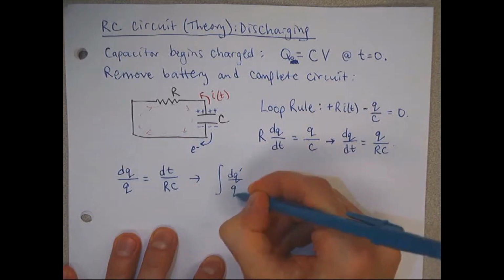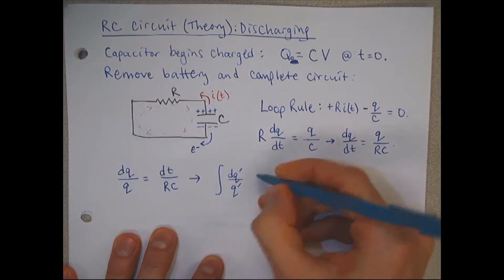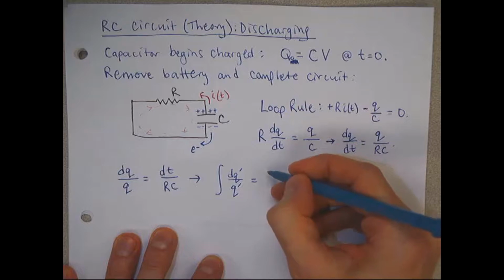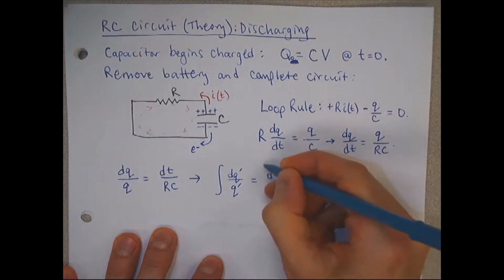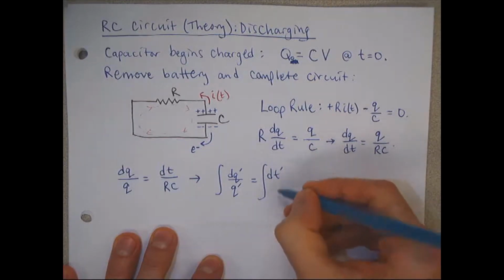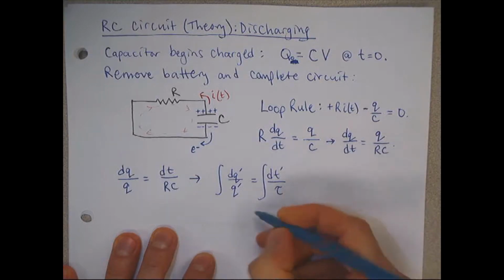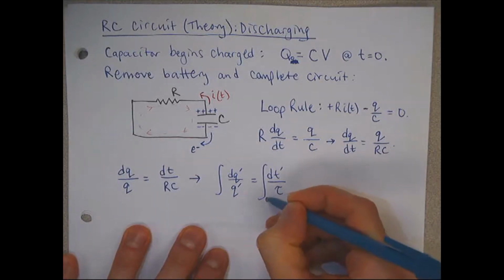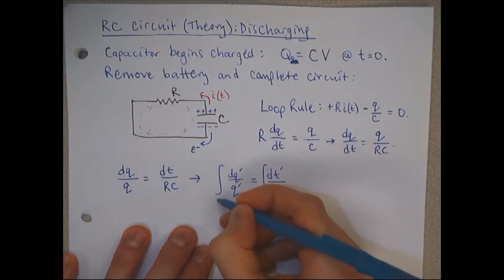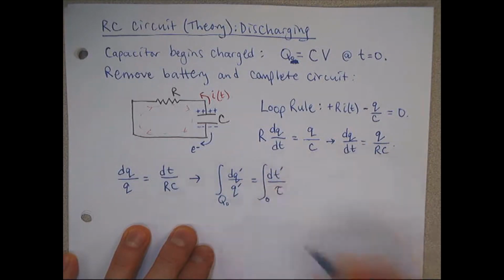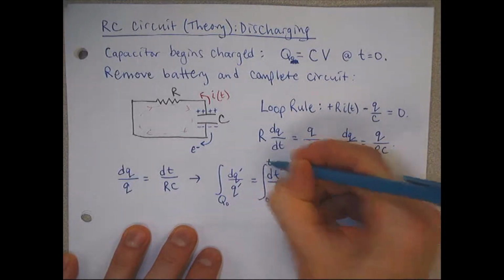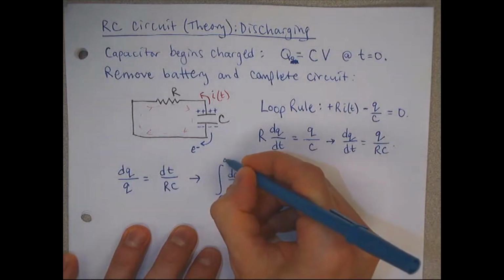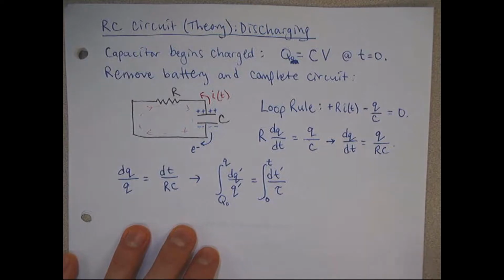So dq prime over q prime should be the integral of dt prime over tau. At time 0, we're starting with this initial charge, Q0, and at any generic time t, we'll just have lowercase q.